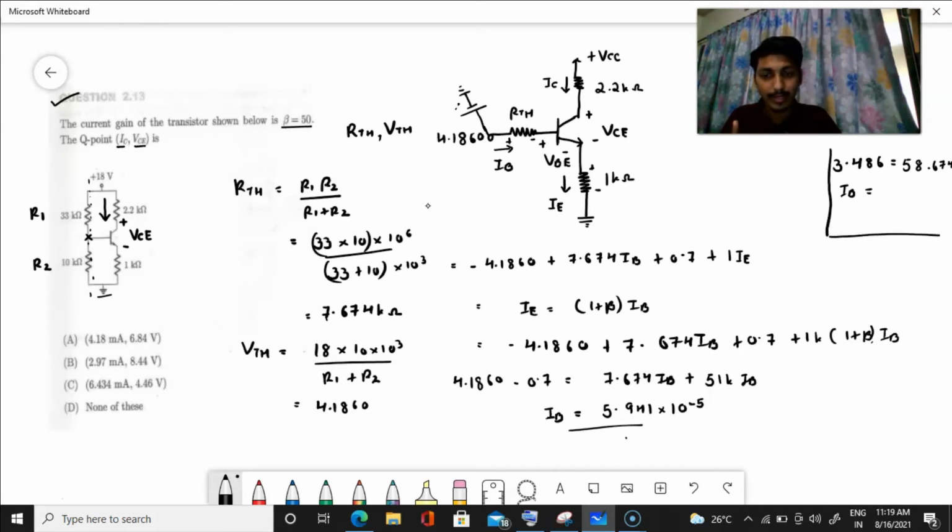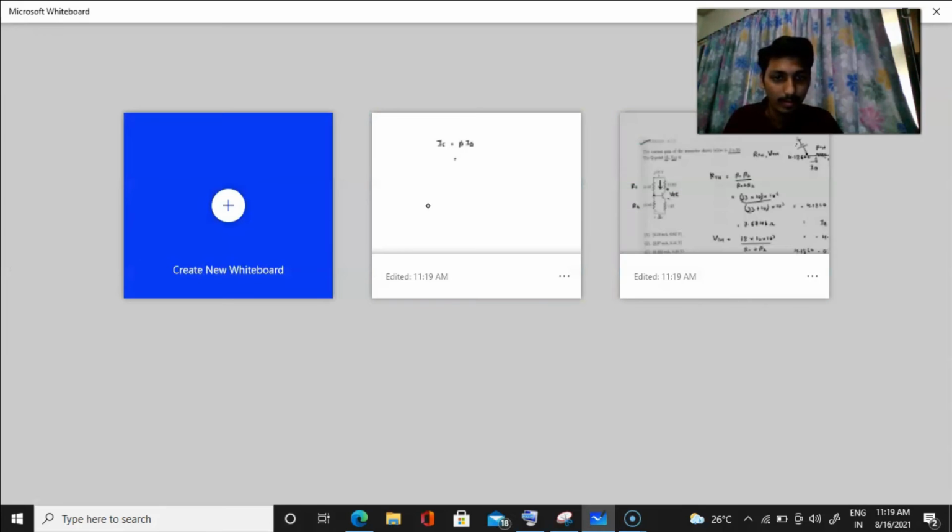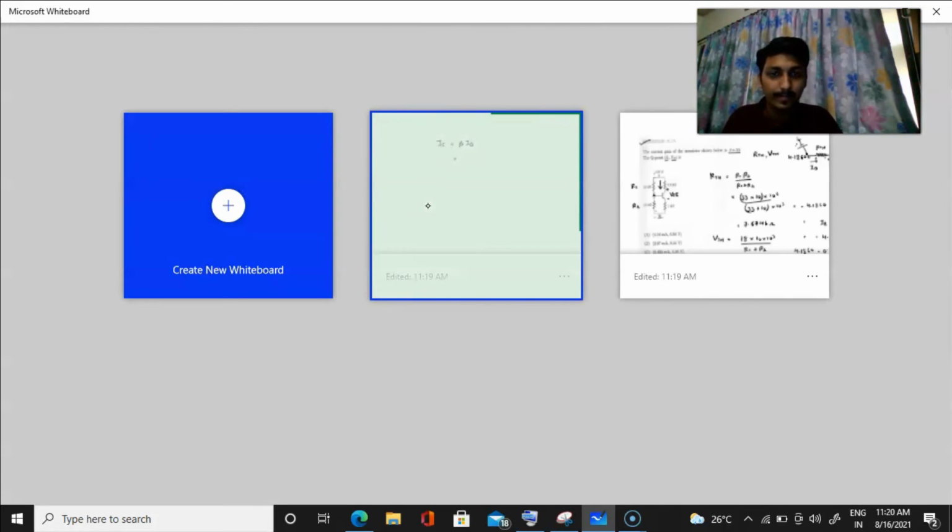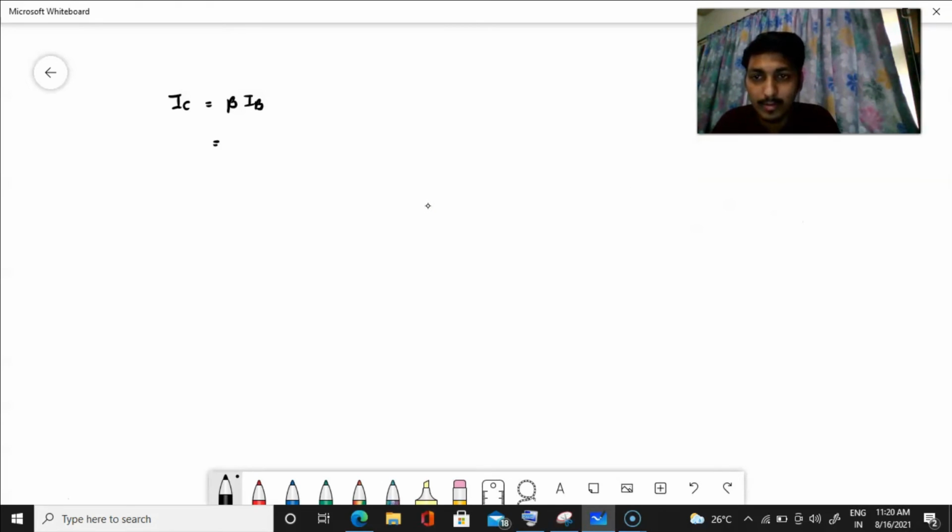So beta is 50 into 5.941 into 10 raised to minus 5, and simplifying we get 2.97 milliampere. This is your IC collector current.